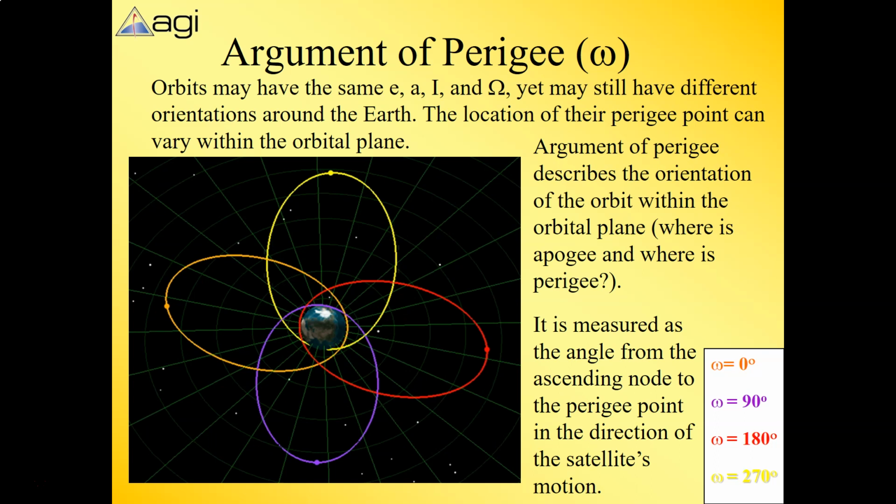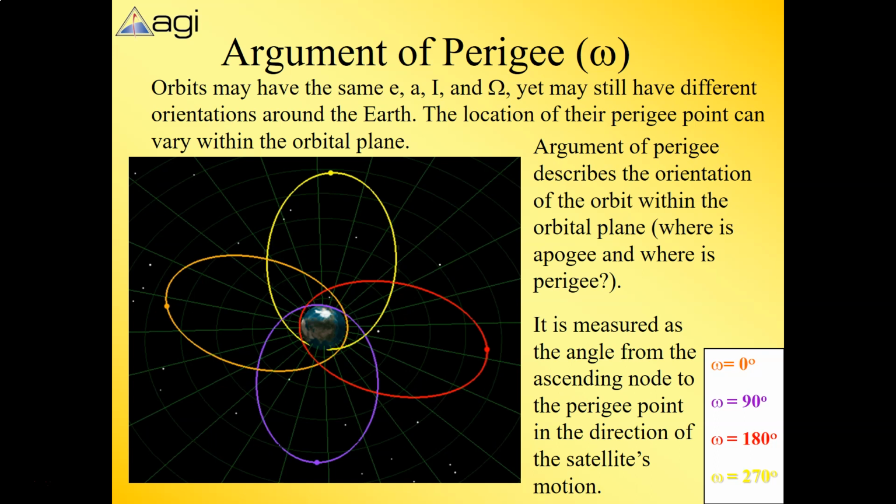All right, this leaves us with the argument of perigee. So these orbits all have the same e, a, i, and omega. They all have the same eccentricity, semi-major axis, inclination, and the same right ascension of ascending node.